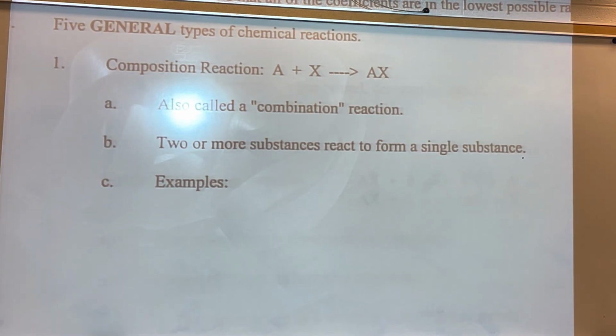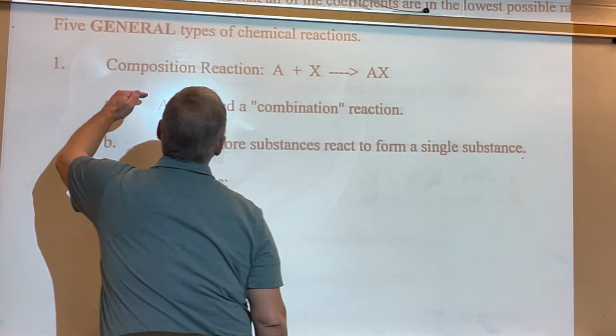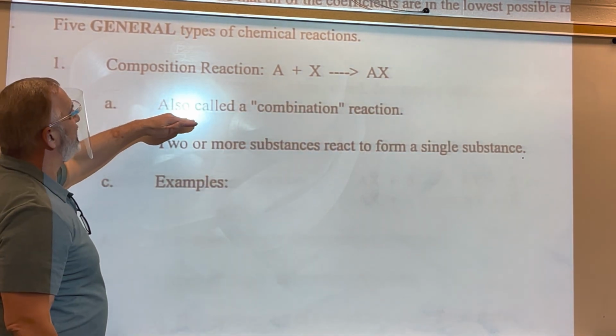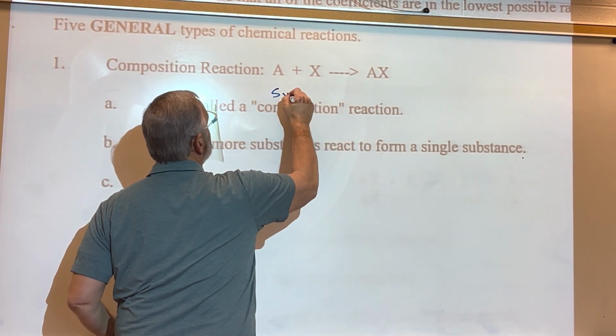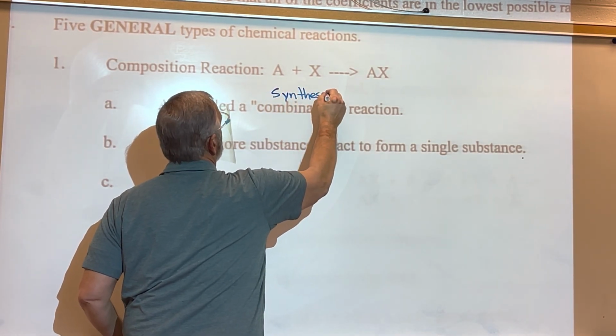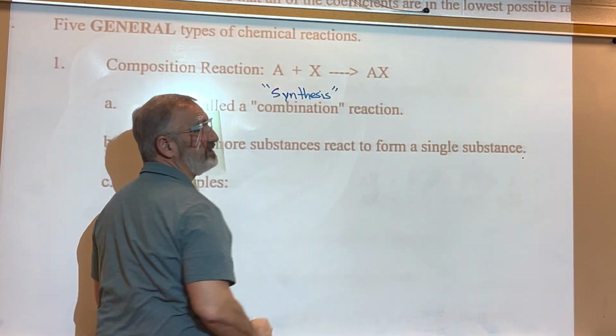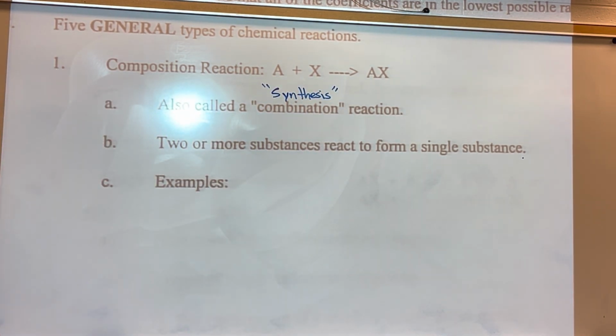And the first one is called composition. Some call it a combination. It can also be called a synthesis reaction. I like composition because the next one is decomposition. So they just kind of go together.